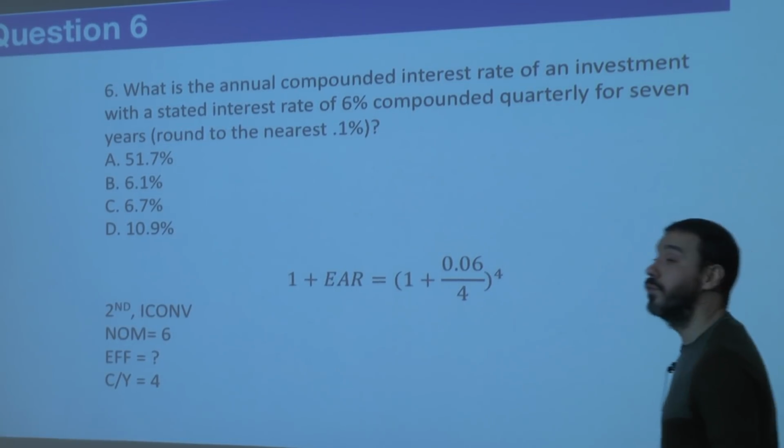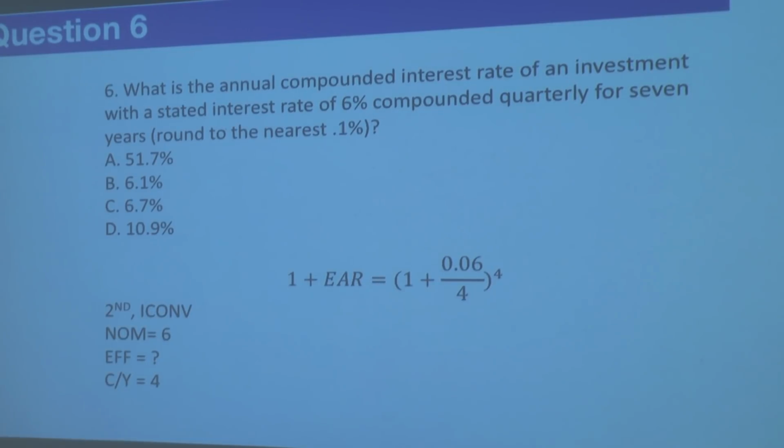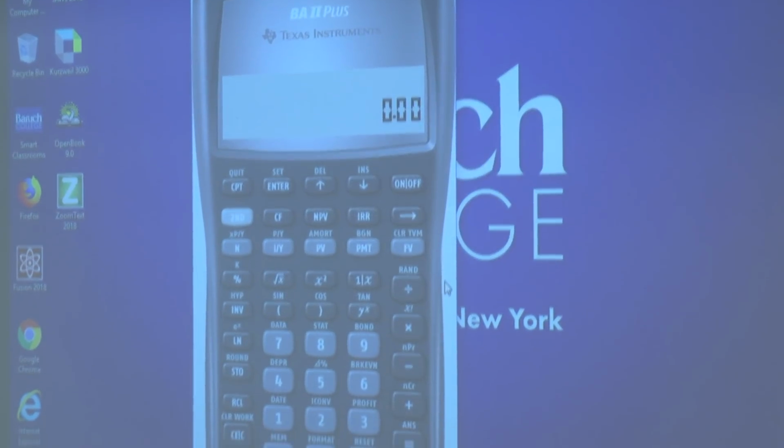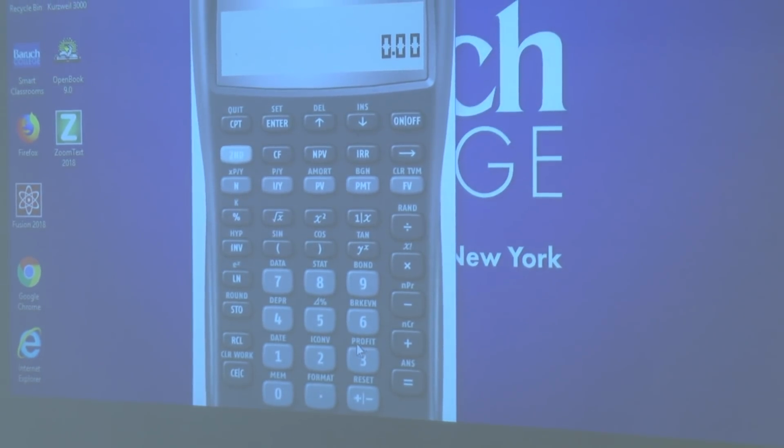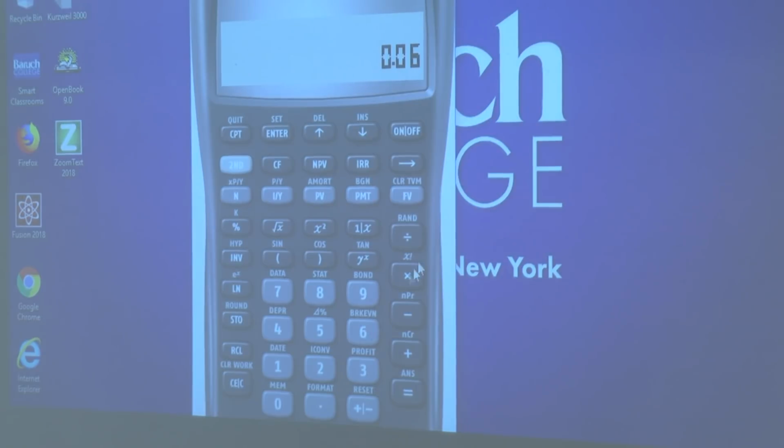Why? I think to confuse you a little bit. Yeah. What did you get for this? 6.1. Let's see it. 0.06 divided by 4 plus 1 to the power of 4.